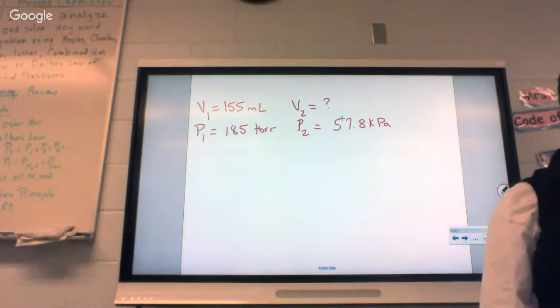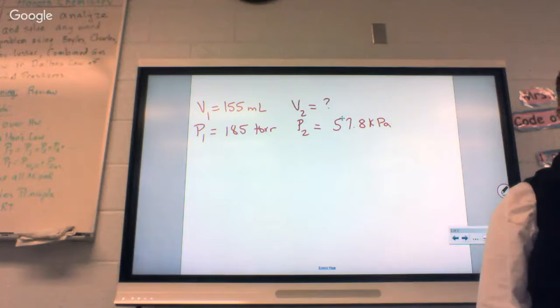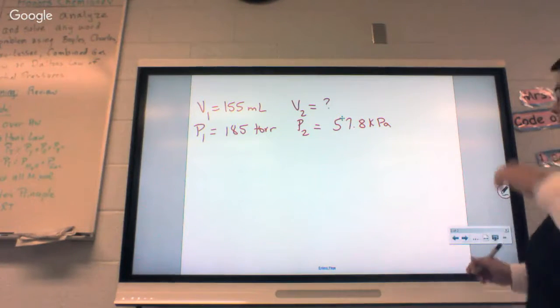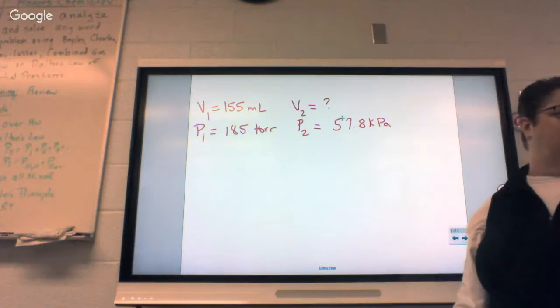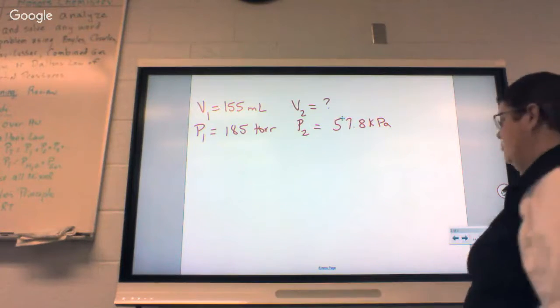Anybody pick torr? Everybody went to kPa? I was going to say, that's unheard of for everybody to go to the exact same unit. I guess it could happen because there's only 7 or 8 of us in here, but that would just be weird.